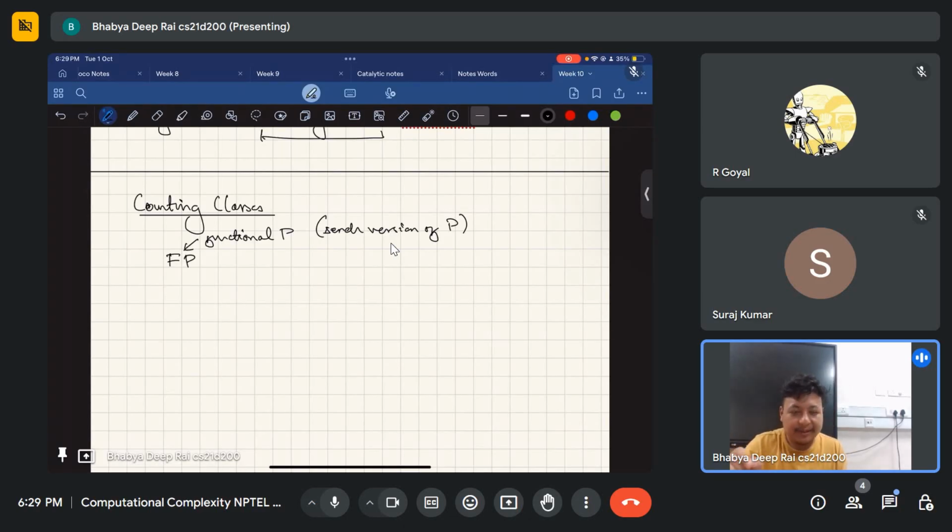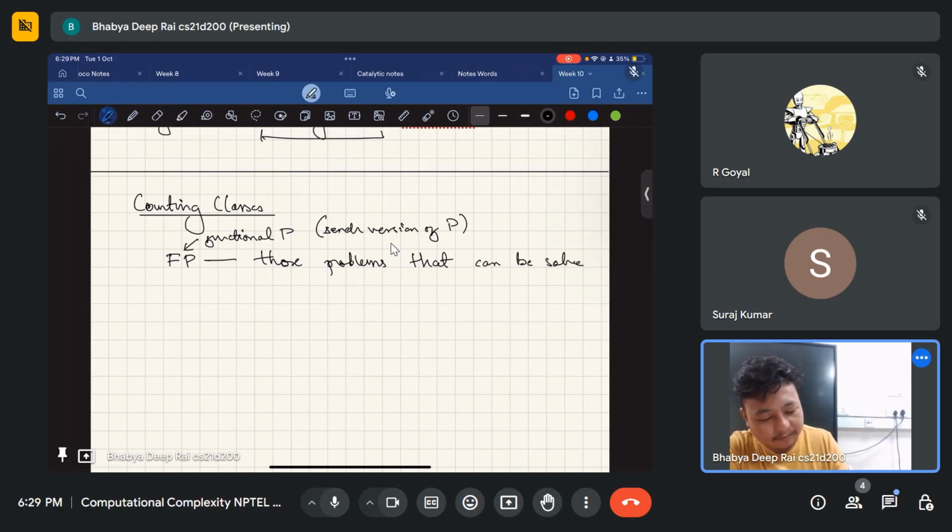Functional P is those problems, search problems, that can be solved by polynomial time Turing machines.